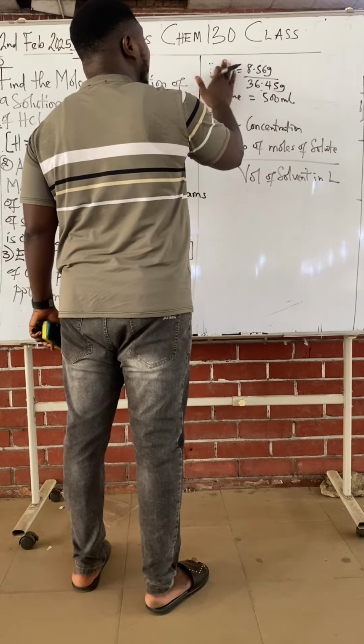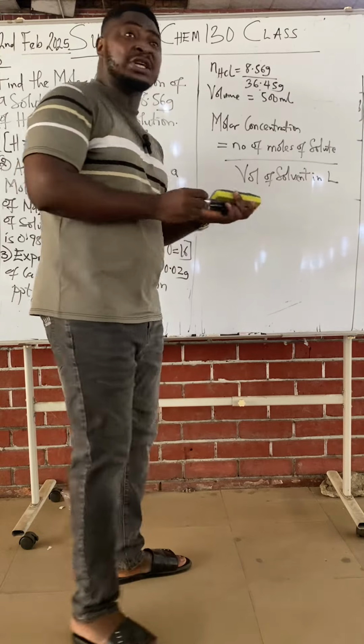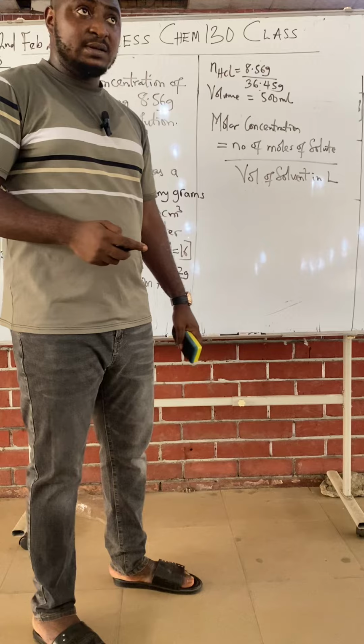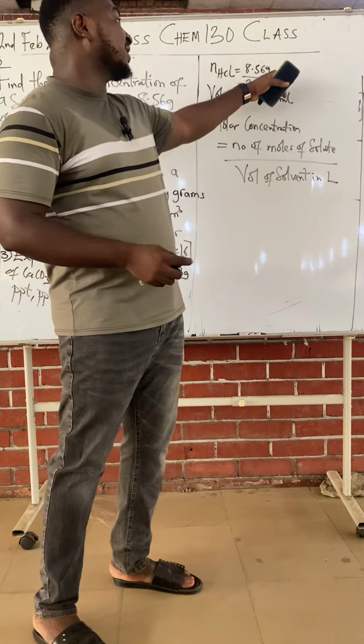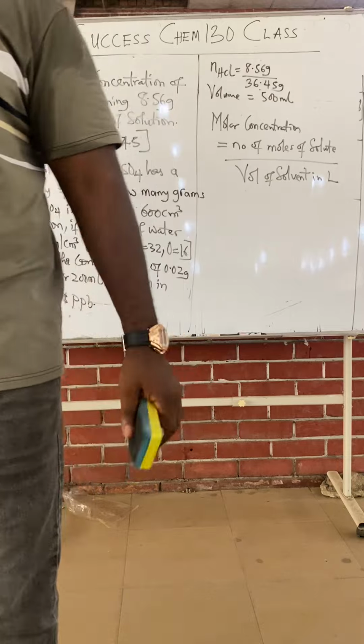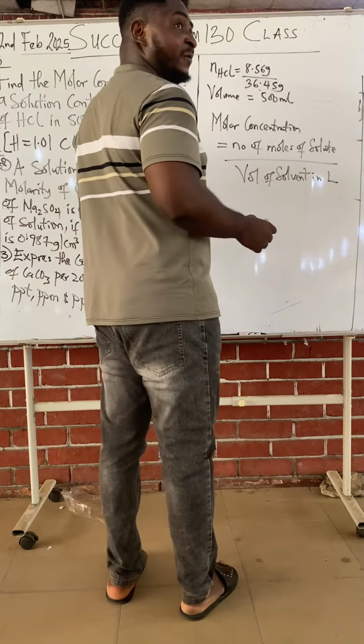What am I trying to achieve here, class? I'm trying to find the number of moles of HCl, because to get the molar concentration, I need the number of moles divided by volume. They gave us the mass of HCl, so I divide by the molar mass of HCl to get the number of moles.